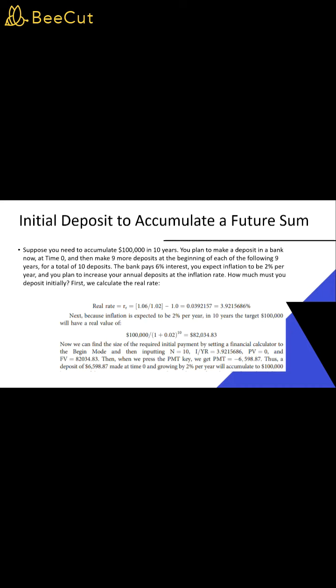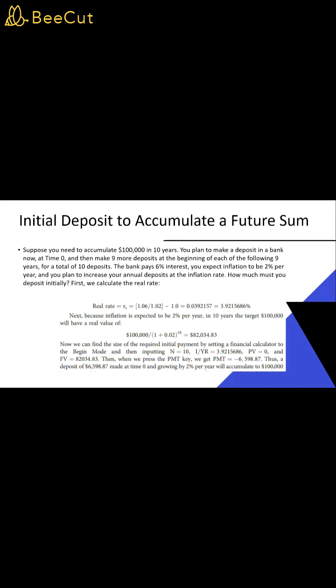And the question is saying that the bank is offering a 6% interest rate, but you're also being told that the inflation rate is 2% per year. So the question is asking how much of a payment, what amount needs to be deposited every year for the next 10 years.